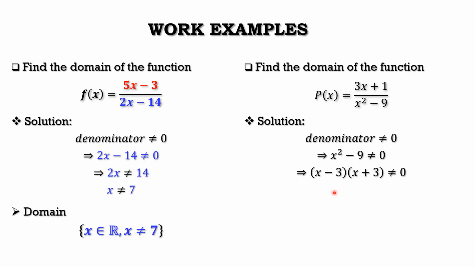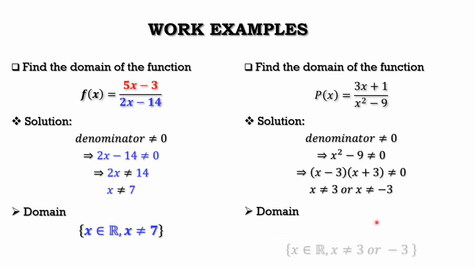So here we have to expand this and solve for the x values that will make this denominator not equal to 0. So here we are going to write x minus 3, x plus 3, the difference of two squares. So we are going to take each of them one at a step. So here x is not equal to 3 or x is not equal to minus 3.